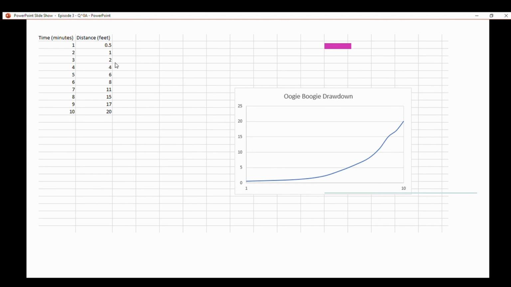Obviously, time is the one that we're putting into log, and feet, which is along the y-axis, we are not putting into log. That's how I plotted it. When you plot on the semi-log paper, you can do it in Excel and just put this entire column in log, and that'll give you the numbers you need to plot it on the semi-log paper.